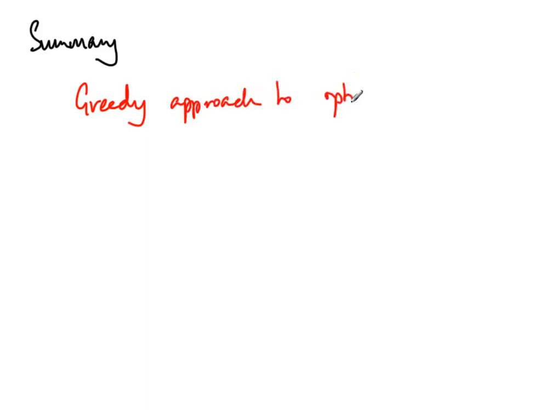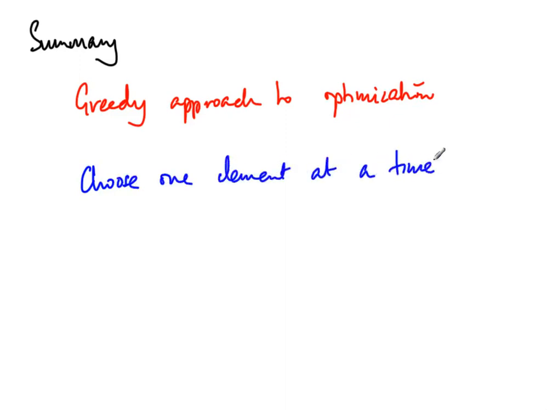Right? So to summarize, okay, we have this greedy approach to optimization. So what we do is we choose one element at a time by some local criterion.